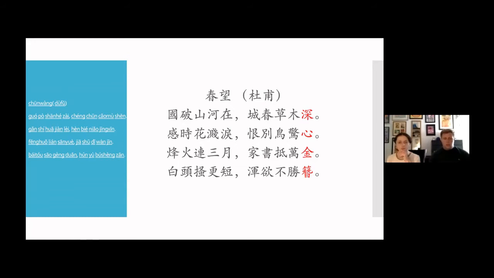Du Fu wrote in and spoke a language we collectively call Middle Chinese. That's not really the name of a specific language, as it refers to the languages being spoken about 1,000 years ago. And as such, the sounds of that were very different than the sounds today.